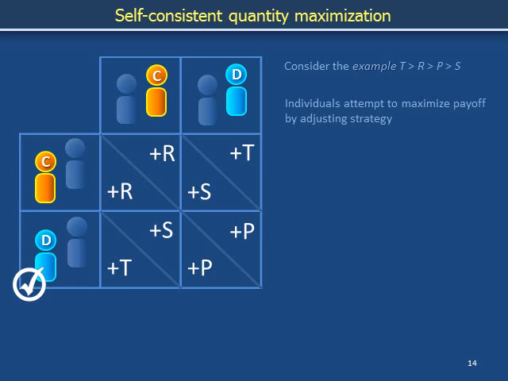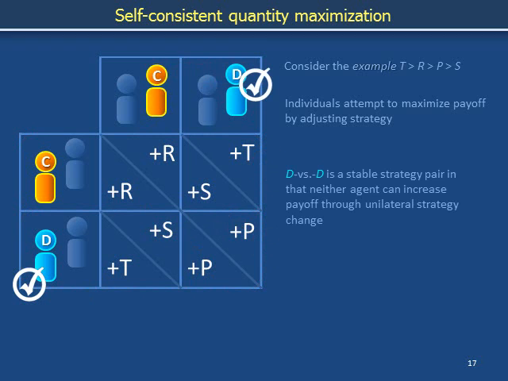In the same way, the person at the right will also adopt the denim strategy. As we said, T is greater than R. When the person at the left is copper, the person at the right maximizes his or her payoff by being denim and receiving T instead of R. As we said, P is greater than S. When the person at the left is denim, the person at the right maximizes his or her payoff by being denim and receiving P instead of S. Both of these check marks indicate that the person on the right should be denim.